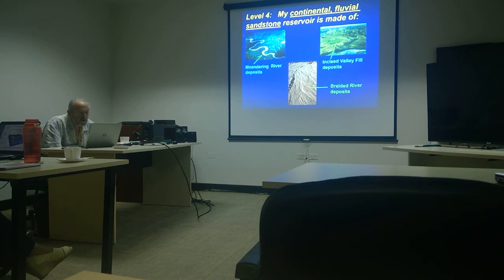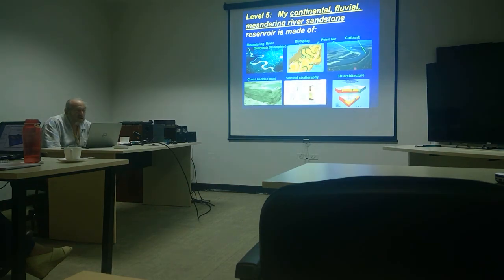So let's use the meandering river as an example and go to level 5. So level 5 is a meandering river, and it's made up of a number of components: point bars, mud plugs, cut bank and point bar sides, point bars there, and a cut bank side there.